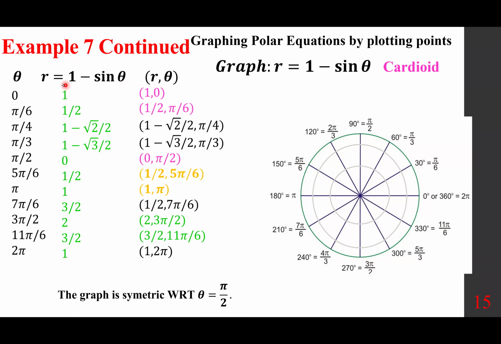Now we're going to plot some of these points, not all of them. I'm going to go with the easy ones. For example, 1, comma, 0. 1, tick mark, comma, 0. Pi over 6 is easy with 1/2, so it's somewhere there.